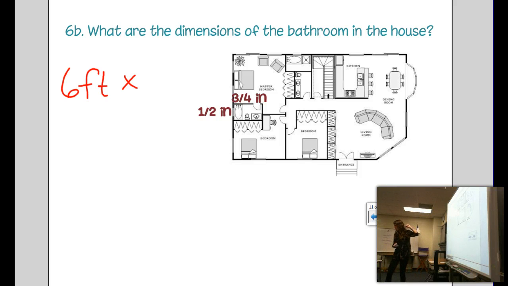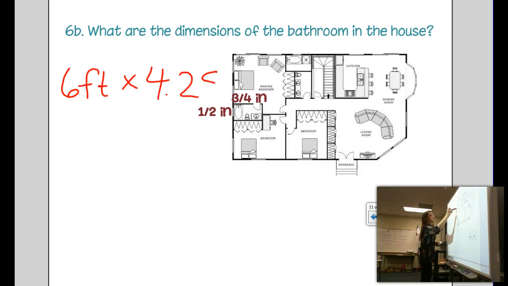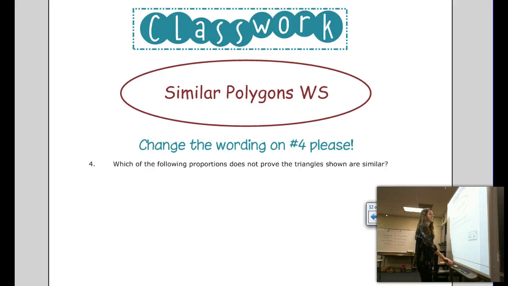We want to do feet. 51 divided by 12. 4.25. Oh my goodness, that's the smallest bathroom in history. It's a 6 by 4 bathroom. I don't think you're going to fit that tub in there. Okay. It's more like a half bath. So no tub, just the sink. Just a sink and a tiny, tiny little toilet.